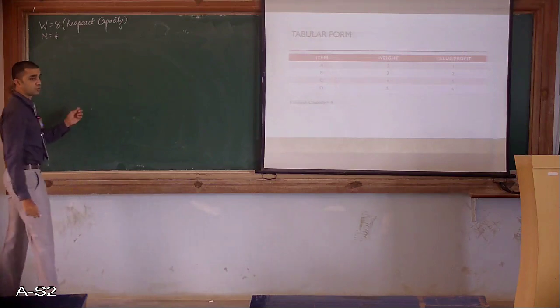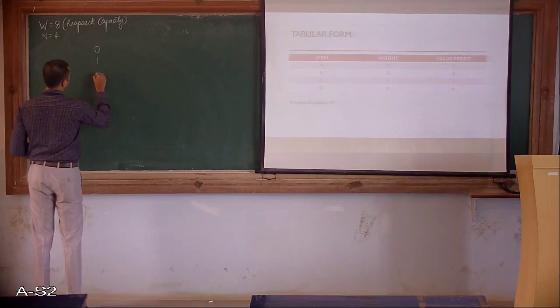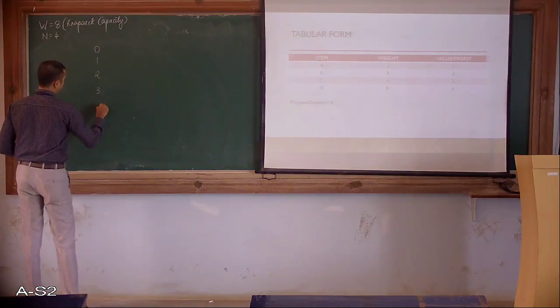So n plus 1 rows, so 5 rows I'll be having. So 0, 1, 2, 3 and 4.